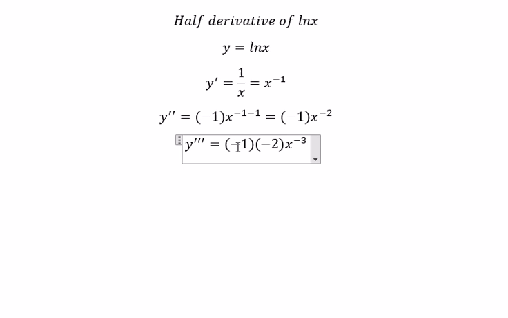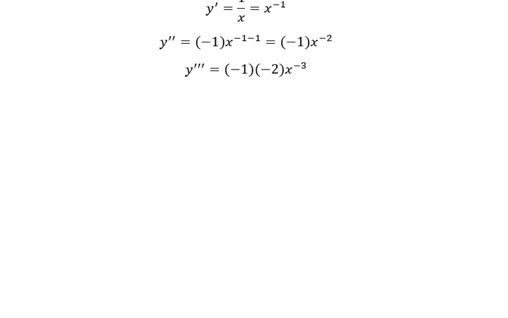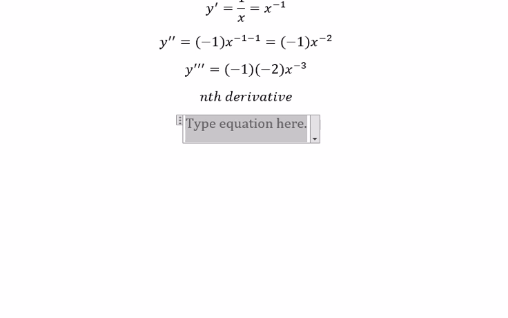So we know that negative 1 multiplied with negative 2 gives positive 2 in here. But we can write it like this. And now if we do the nth derivative, we get d to the power of n over dx to the power of n of ln(x).